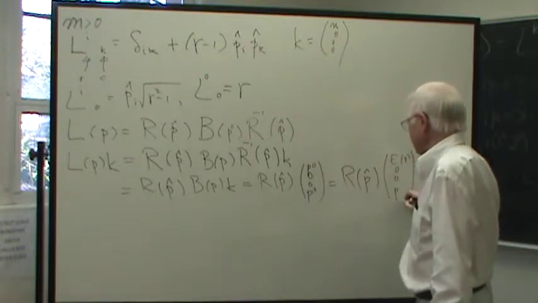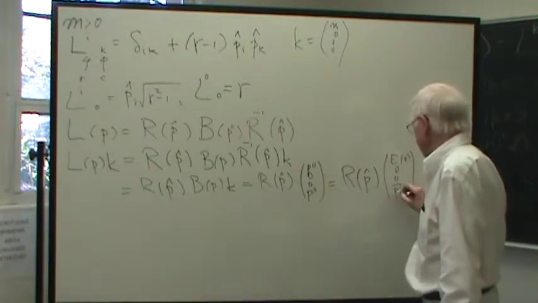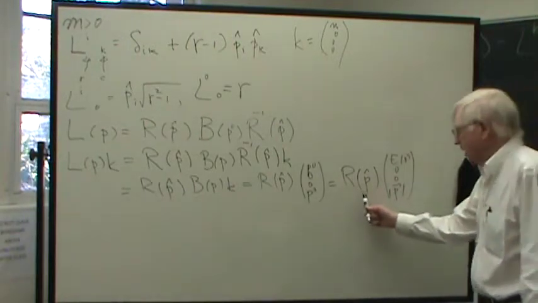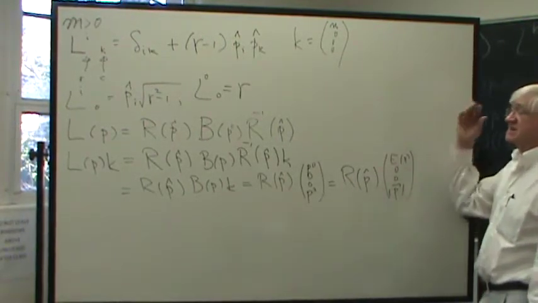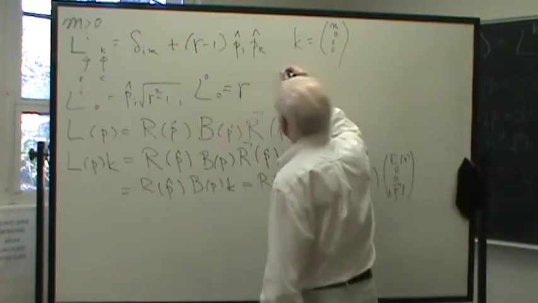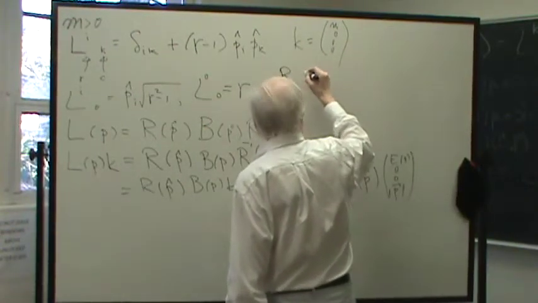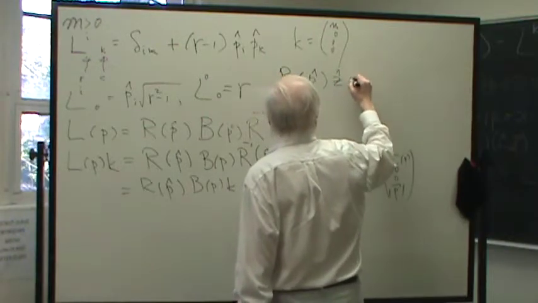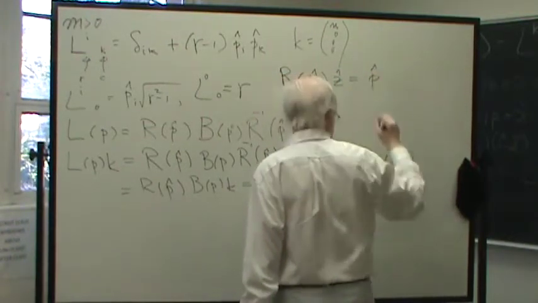All right, P is length of P. Now, what does R of P do? R of P takes the Z hat vector, the unit vector in the Z direction, to be a unit vector in the P direction.